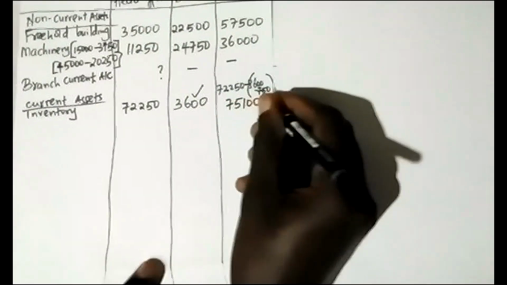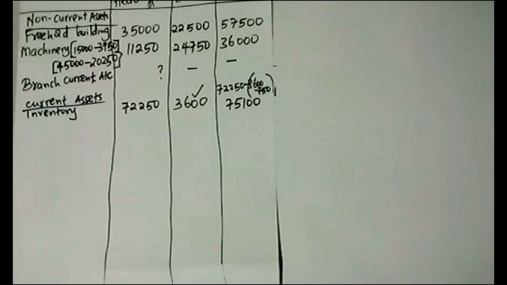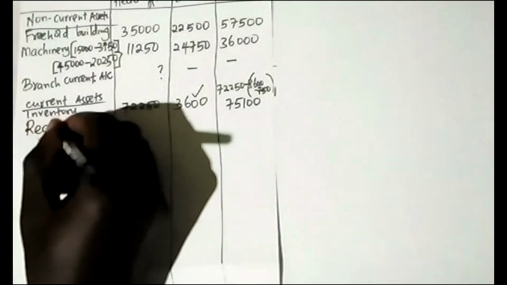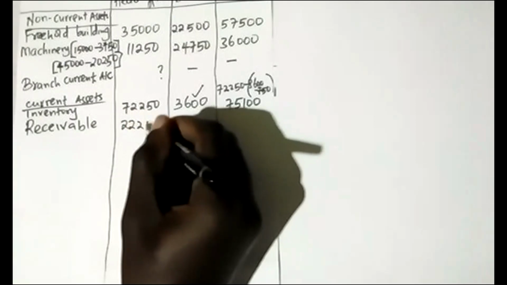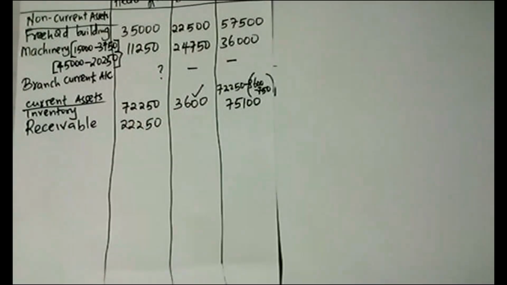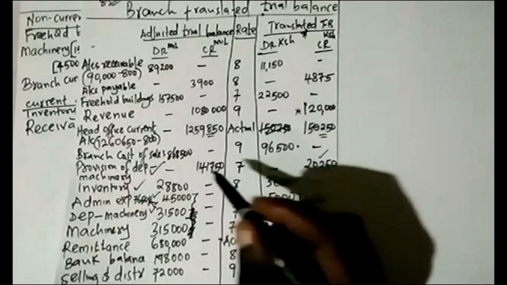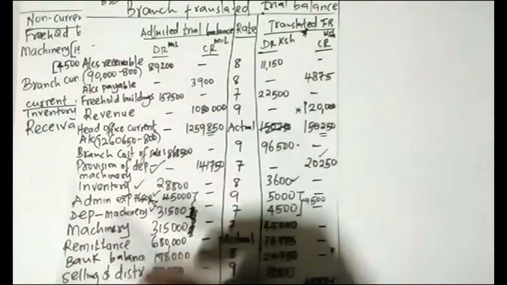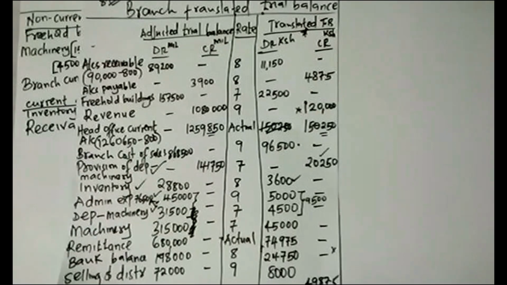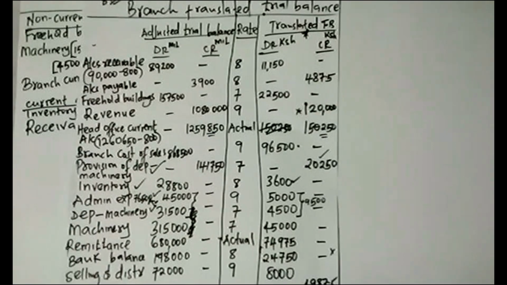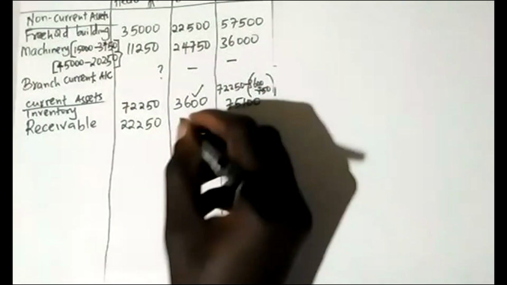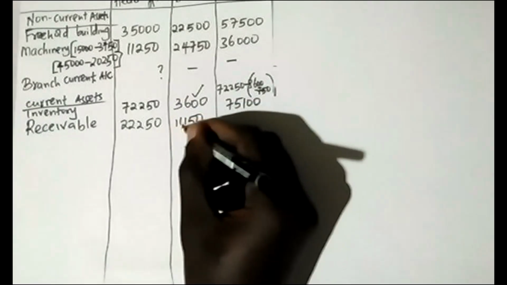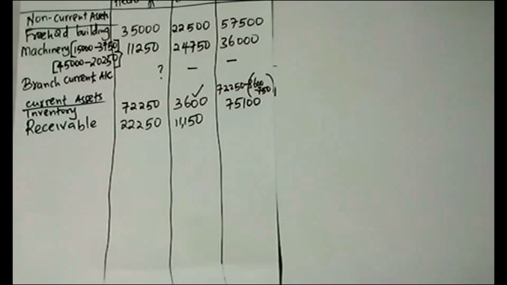So I'm getting the total of 75,100. Then for the receivable, for the Adobe's it is direct from the balance. Then from the translated we have the receivable, the account receivable, the first one here, 11,150. So I'm getting 33,400.